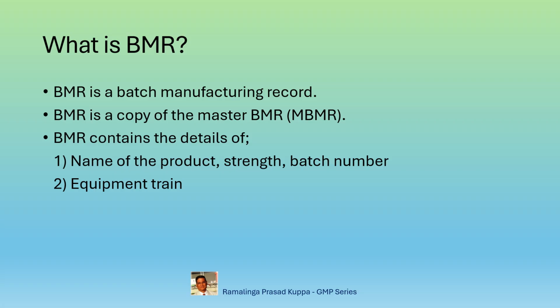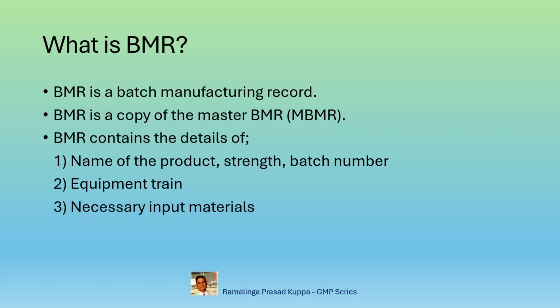Equipment train, from start of the production till the end of the production and further packaging activity. Packaging activity includes labeling, sealing, and transferring to the bonded store with bill of materials.